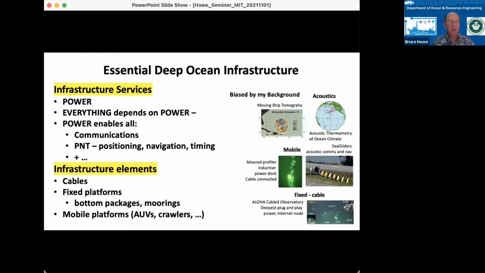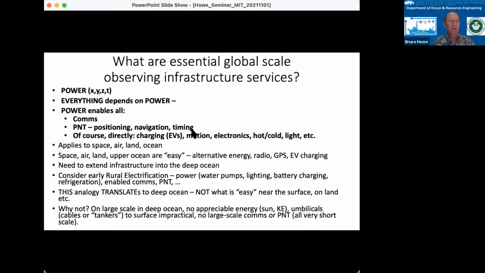And everything depends on power, and power enables everything: communications and what's called PNT, positioning, navigation, and timing. All of that requires, in our world now, electrical power. And then those are services, and then elements actually implement those in one way or another. So cables, fixed platforms, and mobile platforms are all part of the picture.